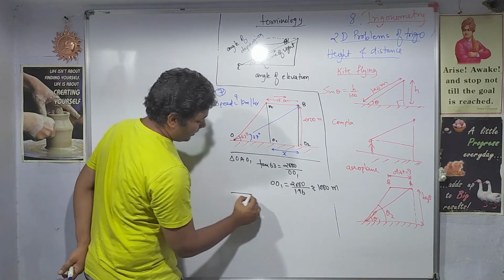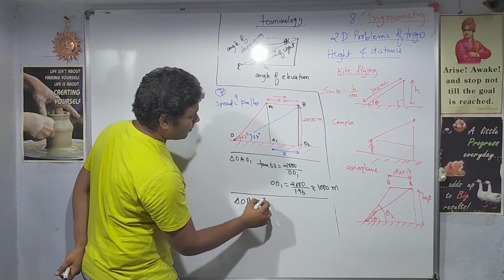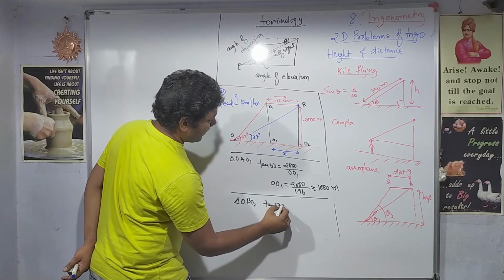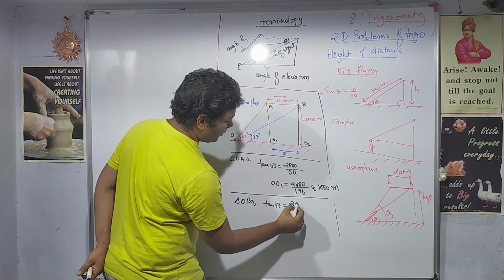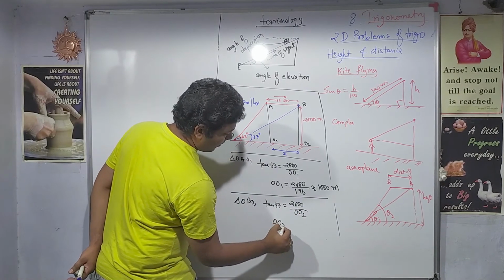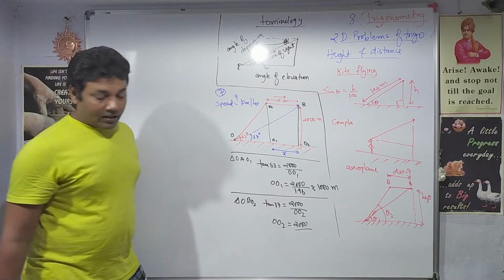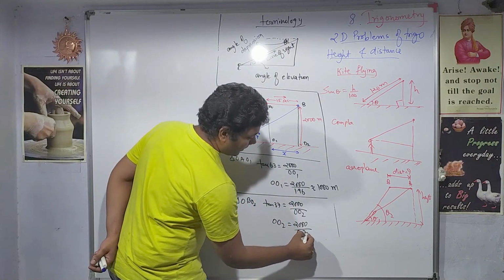Then using the other triangle OBO2, tan 37 will be perpendicular upon base, that is OO2. So the value of OO2 will be 2000 upon, what is the value of tan 37? 0.75.